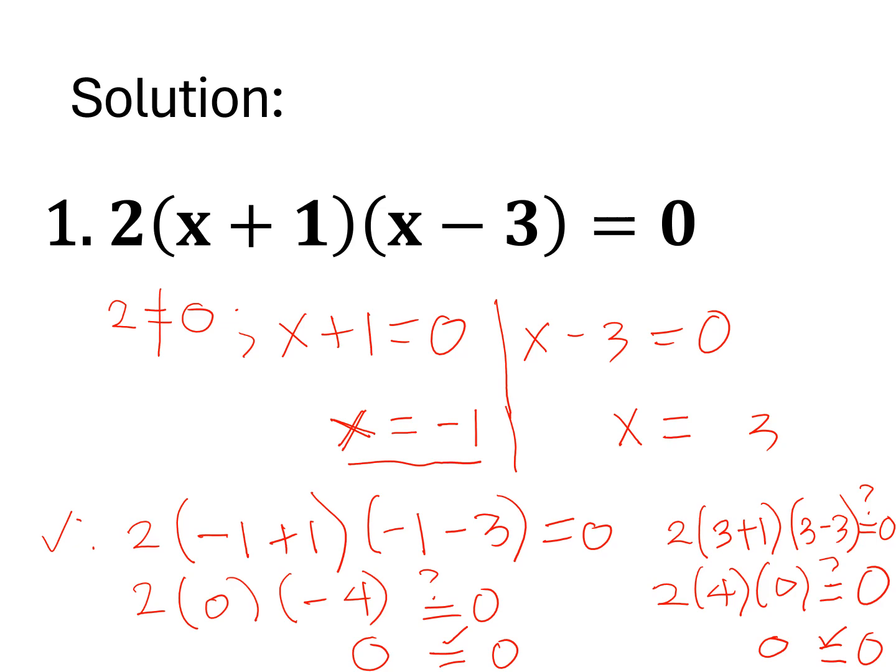So therefore, our solutions, or our values of x, or our roots of the quadratic equation 2 times the quantity of x plus 1 and times the quantity of x minus 3 equals 0 are negative 1 and positive 3.